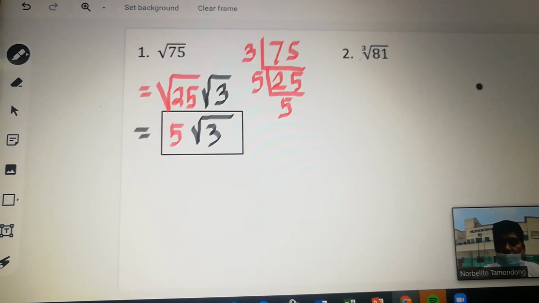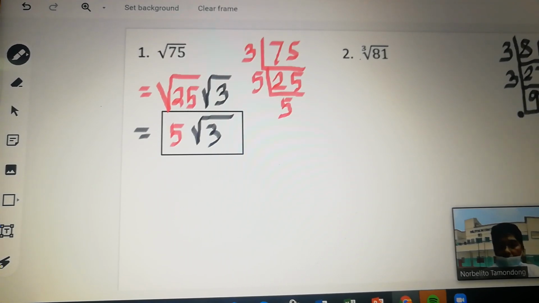Okay, 81 is divisible by 3 equal to 27. 27 is again divisible by 3 equal to 9. 9 divided by 3 is again equal to 3.